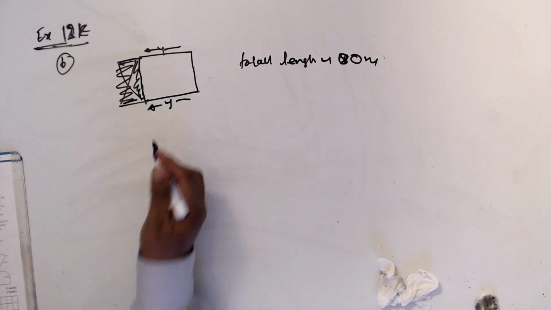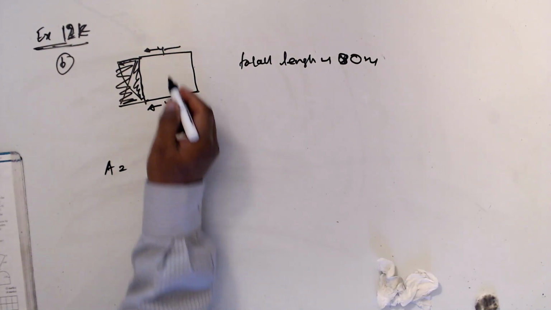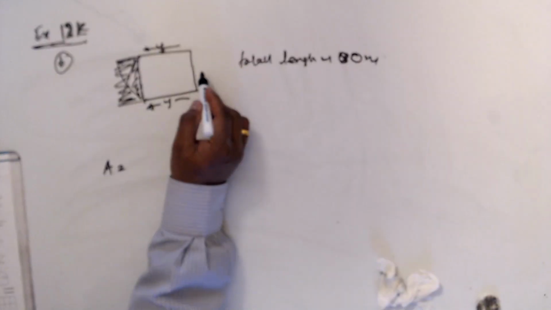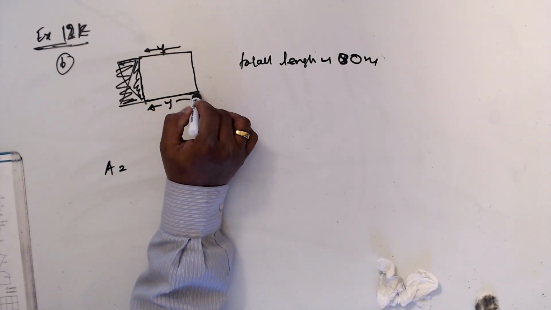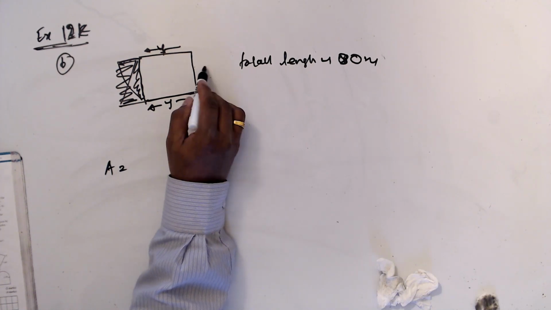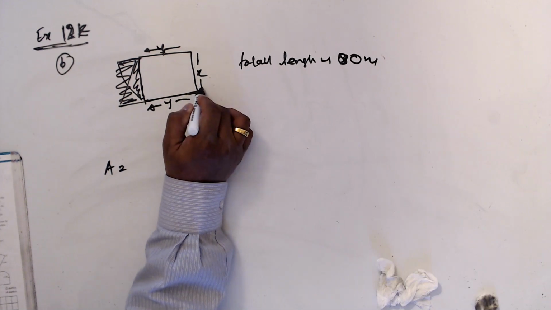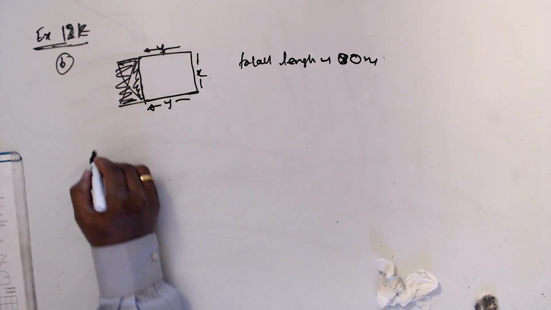Now you need an equation for the area. When I look at this one, to find area, I need this length. There's no length given, so don't worry, take this length as x and we'll write. So what is the area now?